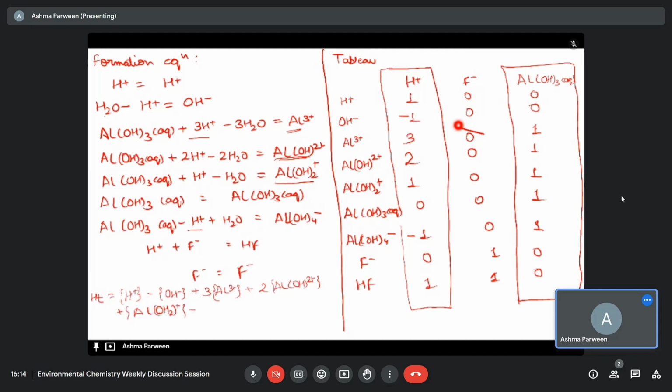Next it will be minus Al(OH)4 minus and plus HF. So this is the overall equation for H total.